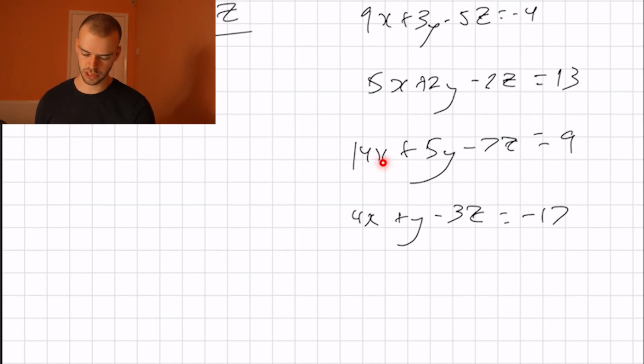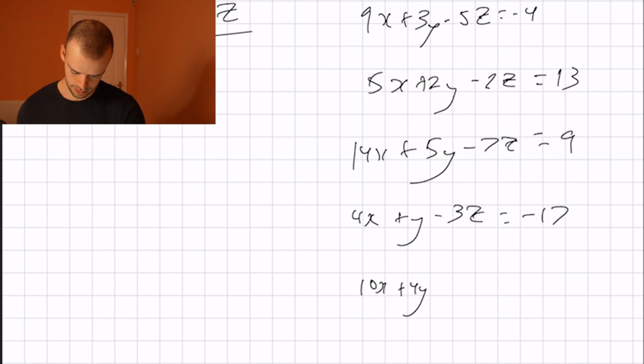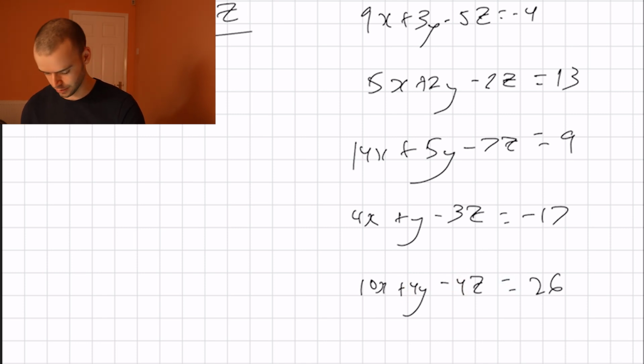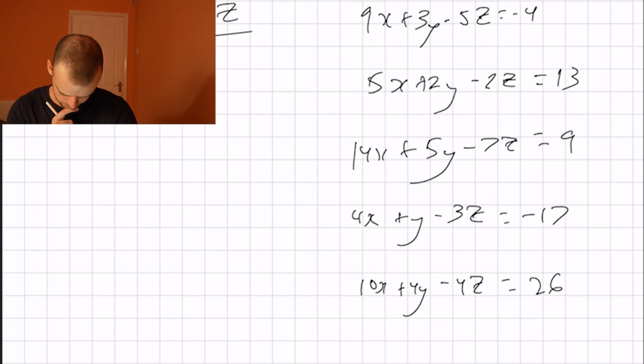Okay, what happens when we do this equation minus this equation? We would get 10x plus 4y and then minus 7 minus minus 3, which is minus 4z. Okay, that gets 26. So we're a bit closer because now we've got 4 and minus 4, so the signs are wrong. But that is a bit more helpful at least. Nice.